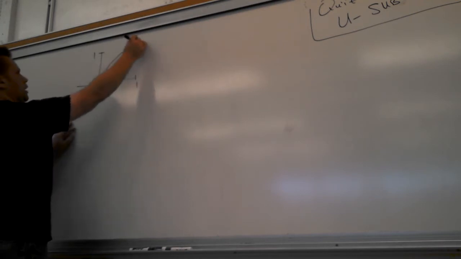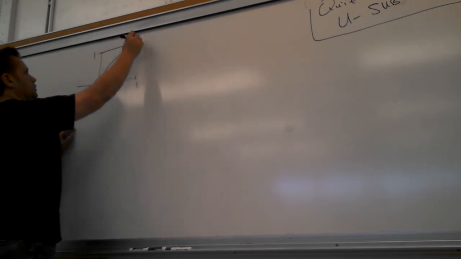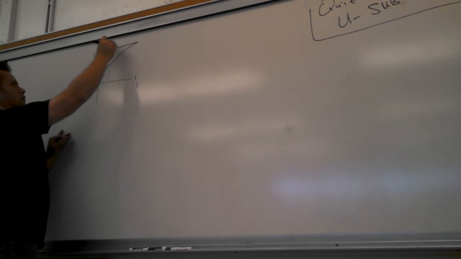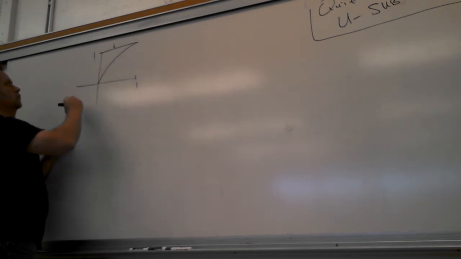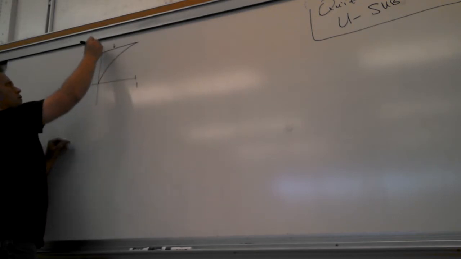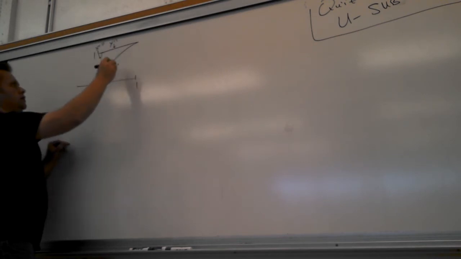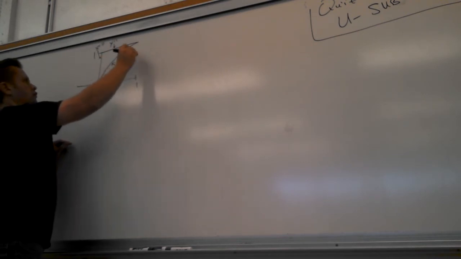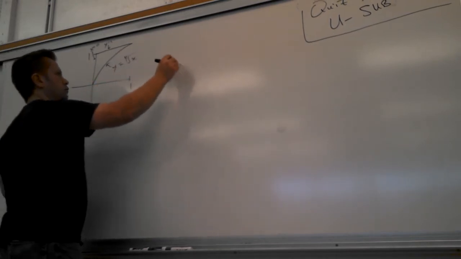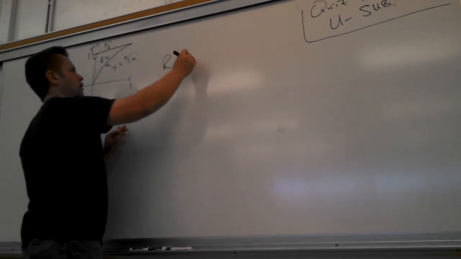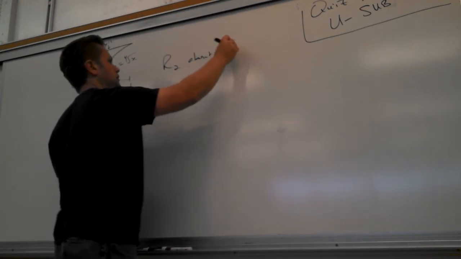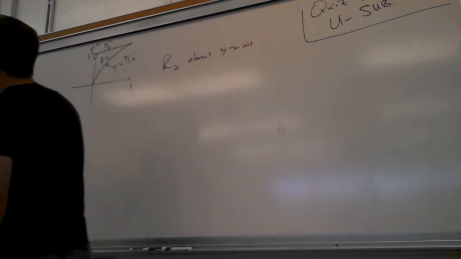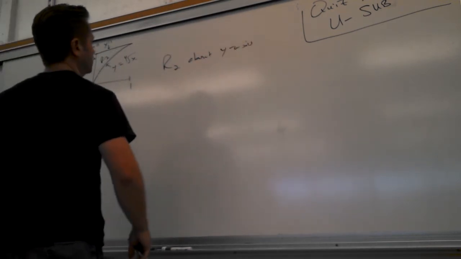What's it bounded by? x equals 0, y equals 1, and y equals the 4th root of x. And it tells me to rotate region 2 about the y-axis, because that's what they call OC.